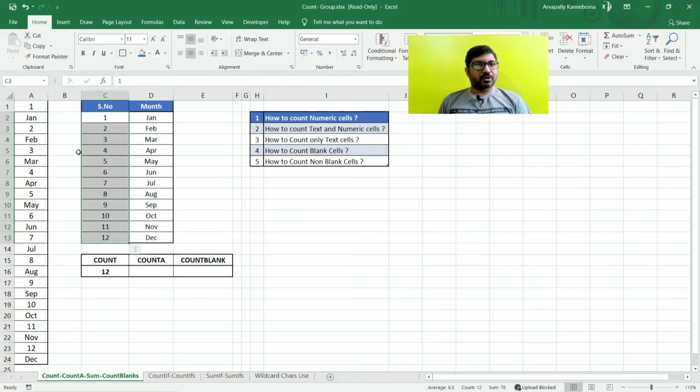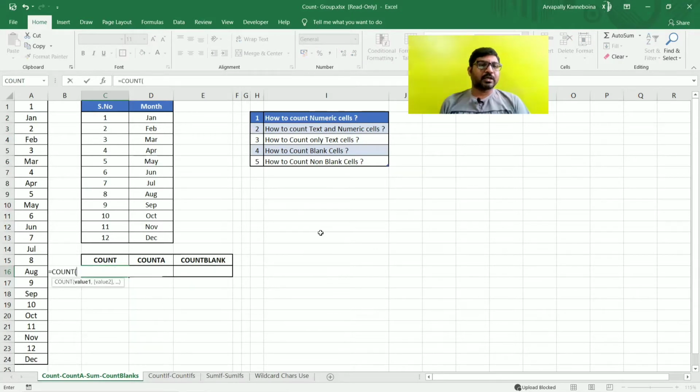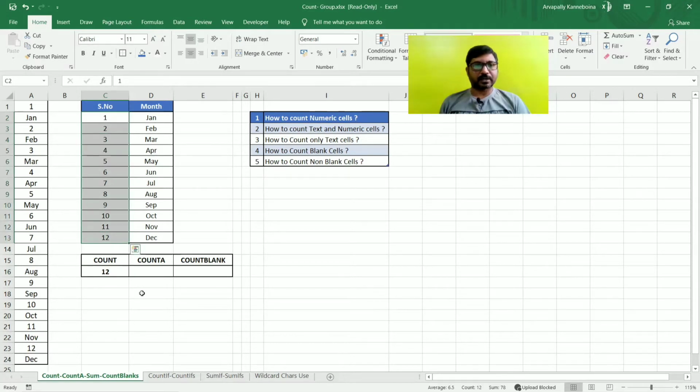If you want to select only numbers, this is the right way in this table, where we have separated values. Again write the same formula, equal to COUNT, select the range, close and enter. We get the count of numbered cells only. Now I'm writing it again with a different range.